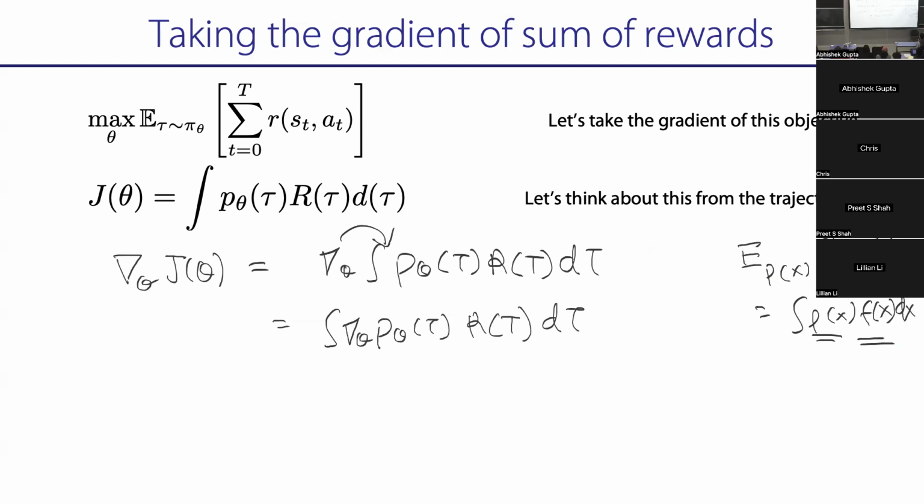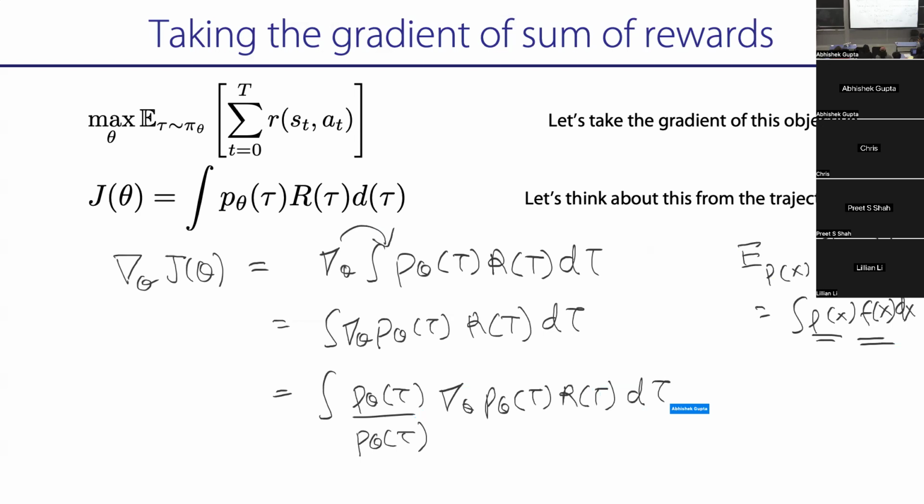This is almost there, but there's no probability in there. How do I massage this into an expectation? Multiply and divide by p theta. Perfect. So you have p theta tau times grad theta p theta tau over p theta tau, times r tau.